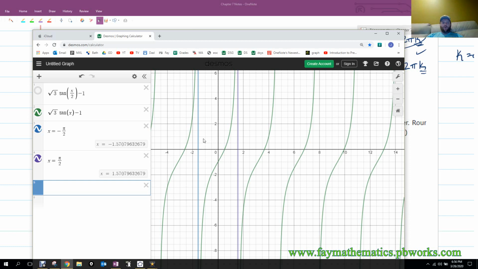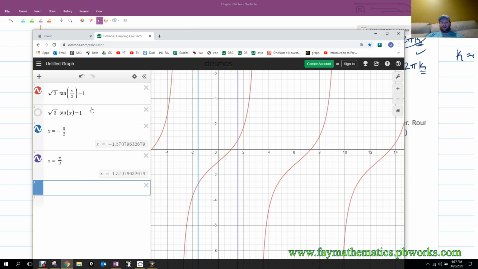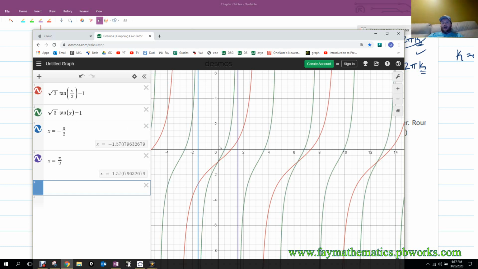When we multiply the x by a number between 0 and 1, which in this case shows up as division, it actually pulls our tangent function horizontally. It's a horizontal stretch. And in this case, it doesn't stretch it far enough for that point to leave the set of asymptotes, but it does pull it further to the right than when it was just 1x.